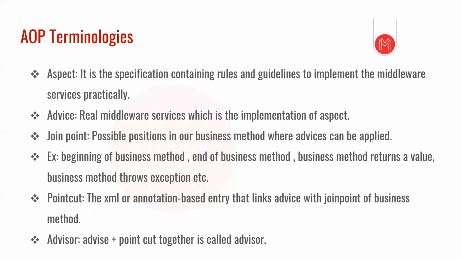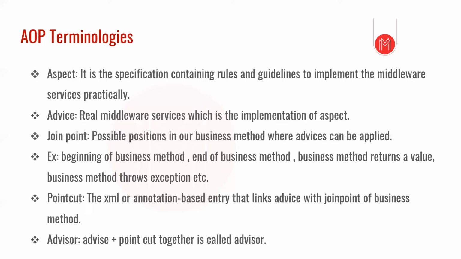What is meant by pointcut? A pointcut is one simple XML or annotation-based entry that links advice with the join point of a business method. A pointcut is an expression that tells us which business logic needs advice.